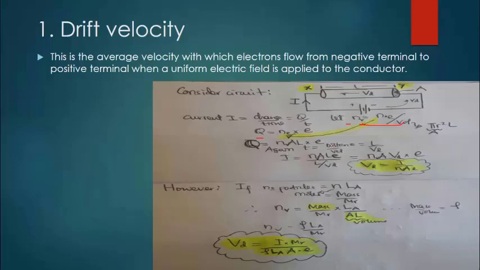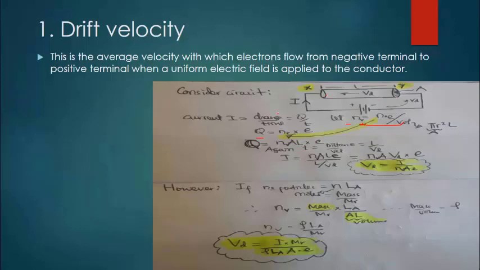Again, we know that time is equal to distance over velocity, and the velocity here is the drift velocity. If the electron has to drift from this point to this point on its way to the positive terminal, then the distance it covers is the length L, divided by the drift velocity, for travelling from Y to X. That's what we call the time.